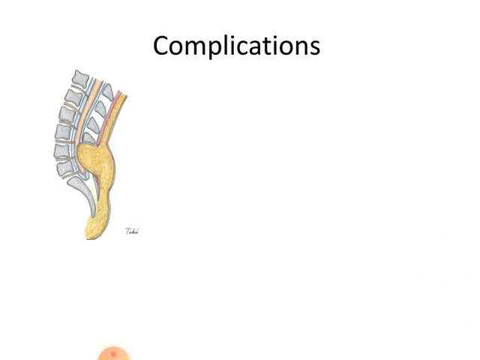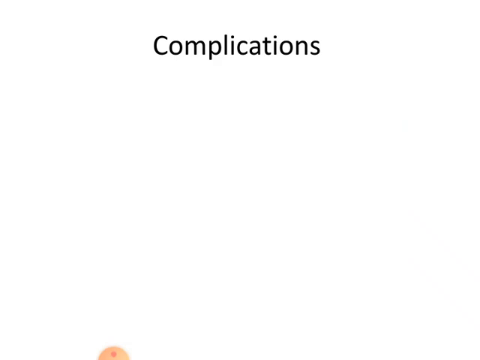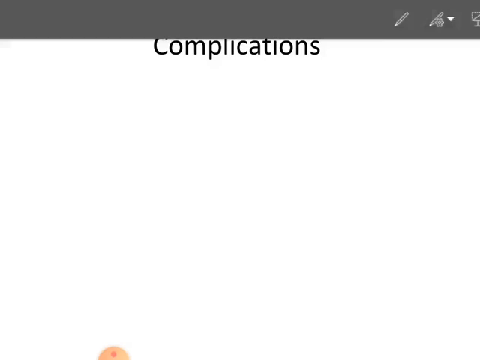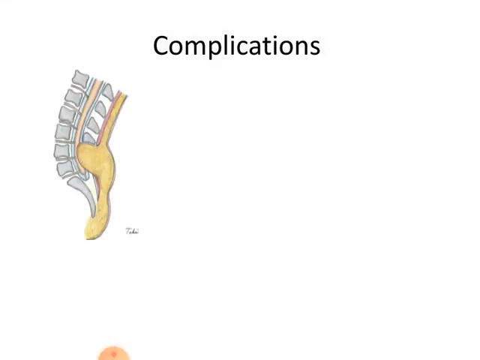Complications of lipoma can be summarized by 2C, 2I, and 2M. The first C is compression.